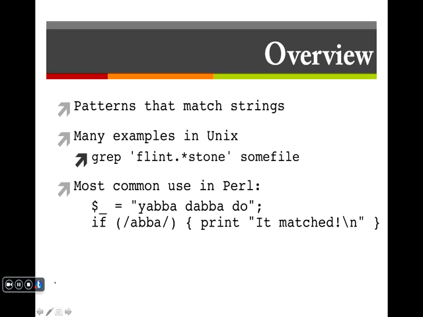And then to be able to use a regular expression you just have to put delimiters. So here I am saying if forward slash abba forward slash exists in the underscore variable, print it match, and as you can see here it matches from the beginning and will print the expression it matched to the standard output. So it's a very easy way to manipulate any expression.